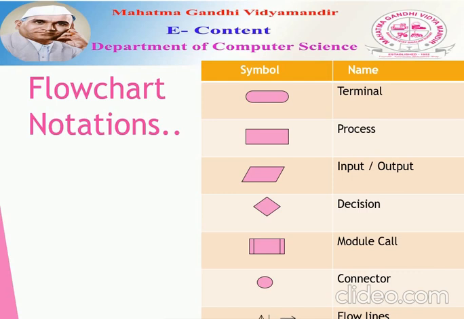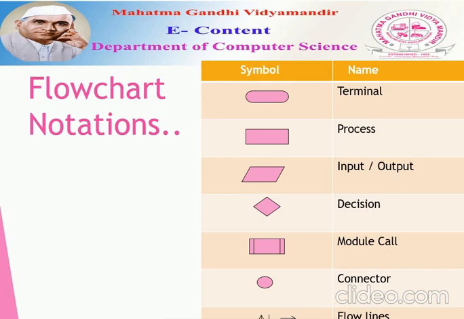If you want to add some condition, or if you have 2 or more alternatives, then you can use this symbol. Then next is module call, used for calling an external module. Suppose we are using an external module, okay, then this symbol you can use.